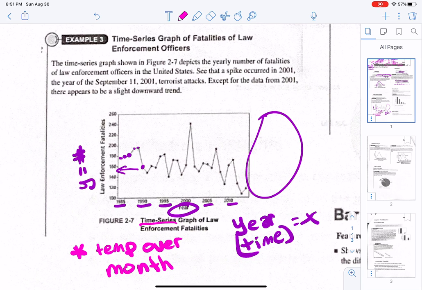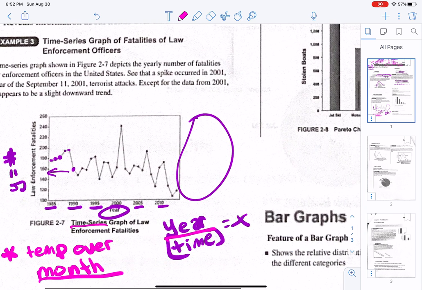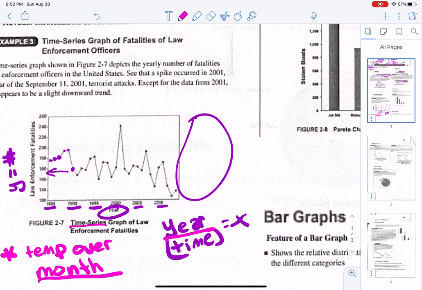So time series, you're just graphing points over time, whether that be years, months, or days. You could do just about anything that you want with that, and all of those data points are going to be connected with a straight line.